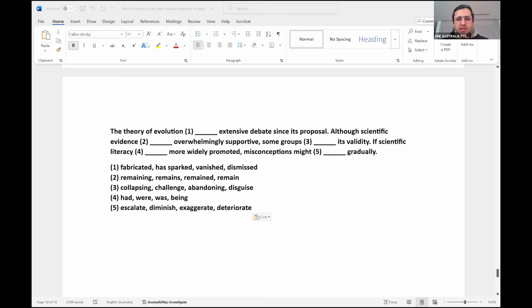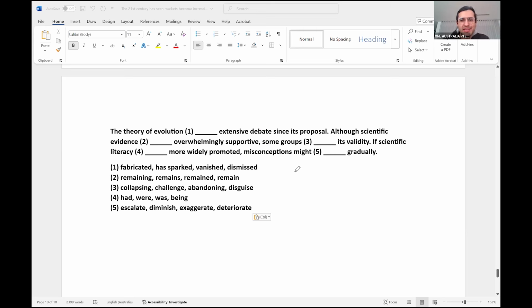Okay, let's check the answers, guys. The theory of evolution dash extensive debate since its proposal. Has sparked. The correct answer should be has sparked. So whenever you have a sentence with since, it is in the present perfect, that is the tense.